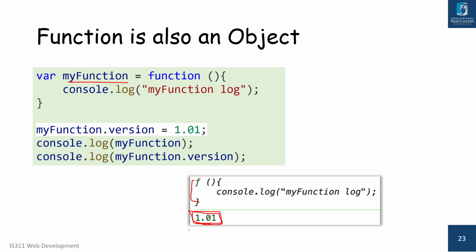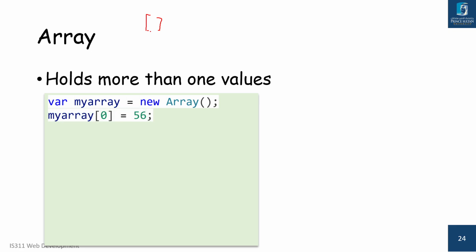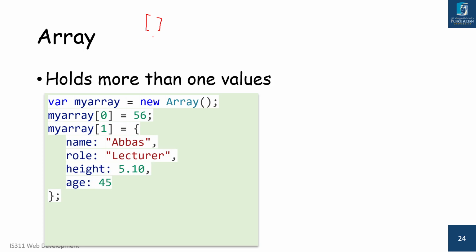Even the array is also considered an object in JavaScript, and we have seen that before. Here you can say that I create a new array. Of course, at this time, it will be an empty array. Inside the empty array I'm saying index 0, so it will add this 56 value at index 0.